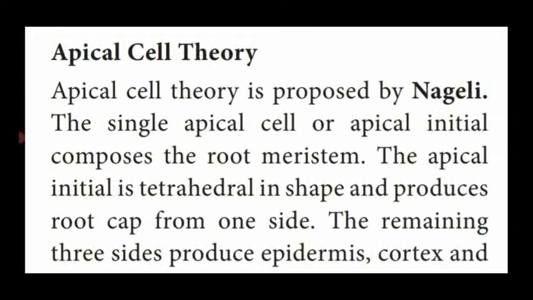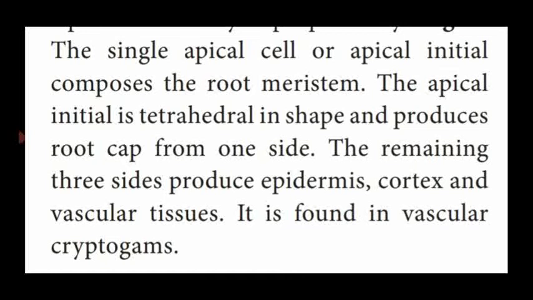A single apical cell is responsible for the structural and functional unit of a shoot. Likewise, here also a single apical cell is the structural and functional unit of a root meristem. The shape of the single apical cell is tetrahedral.